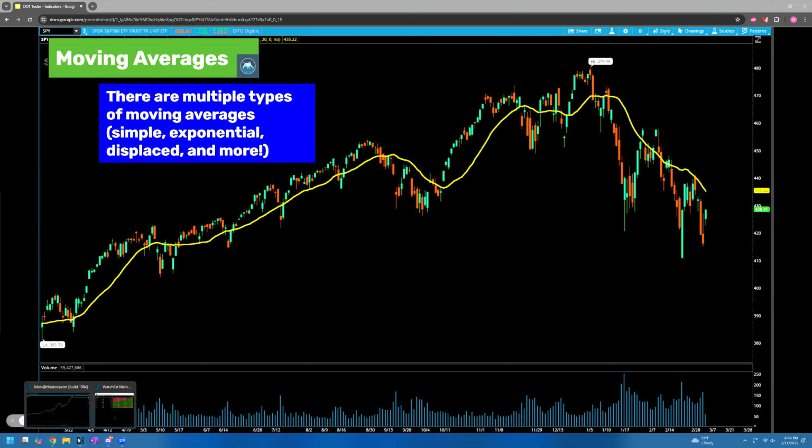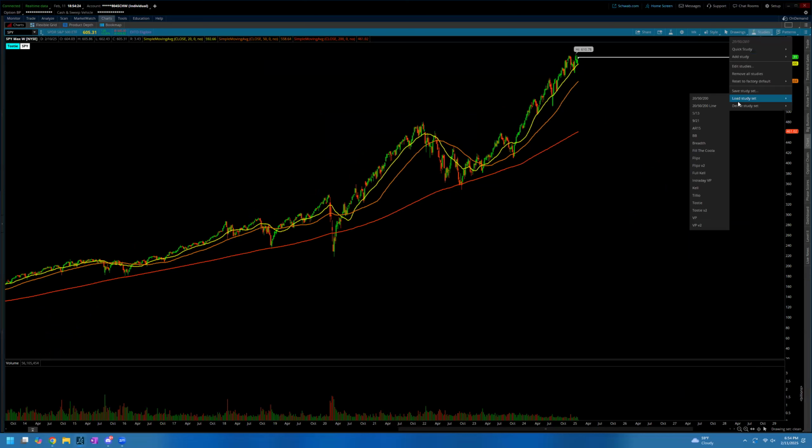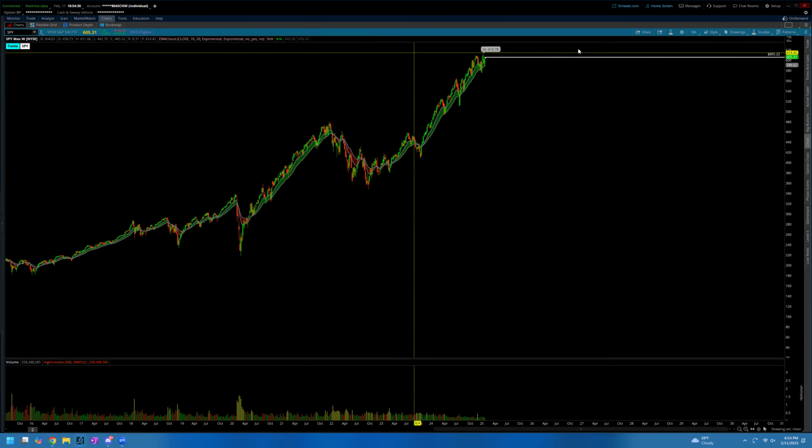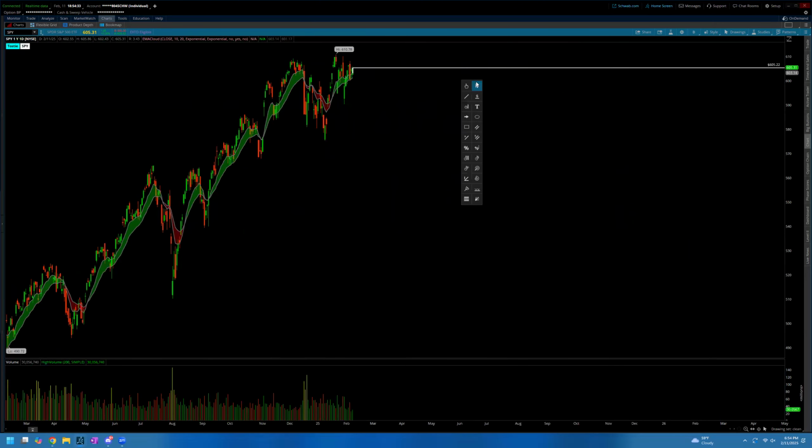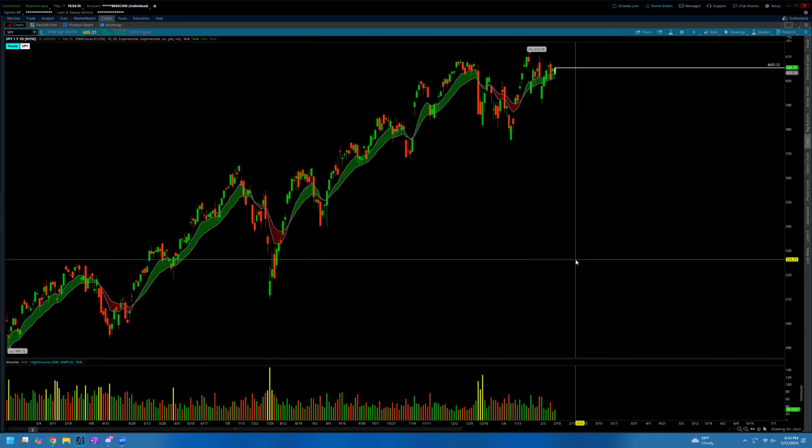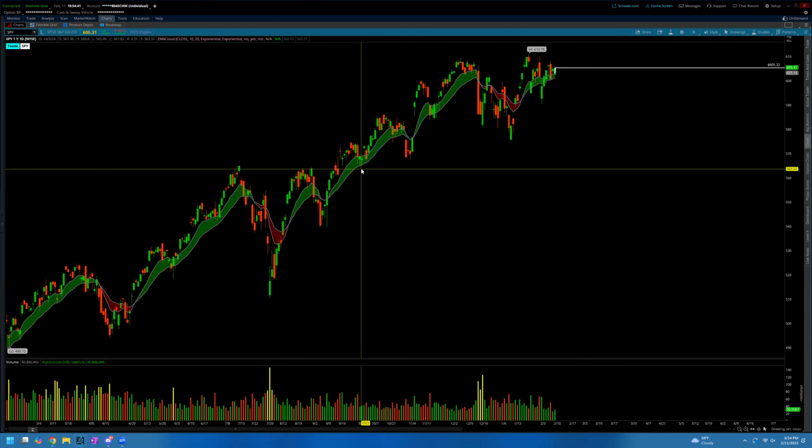So for example, if I go into this study here, let's do this one simple. These are going to be the 10 and 20 EMAs. Basically, this is just a short-term trend following strategy. When these EMAs are positive, meaning the 10 is over the 20 and we get this nice green cloud, generally speaking, you should be looking for opportunities to get long.